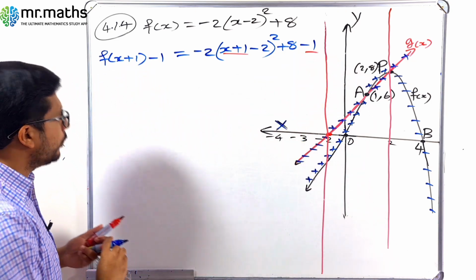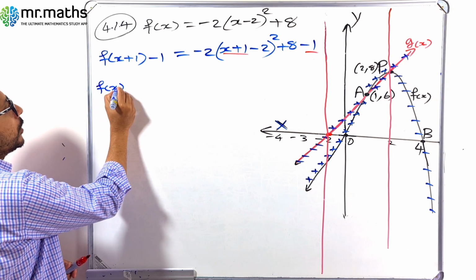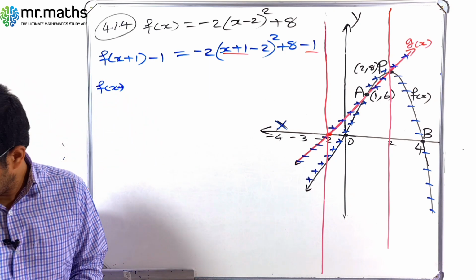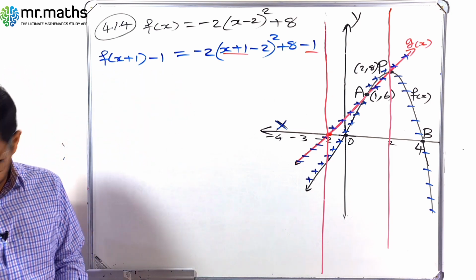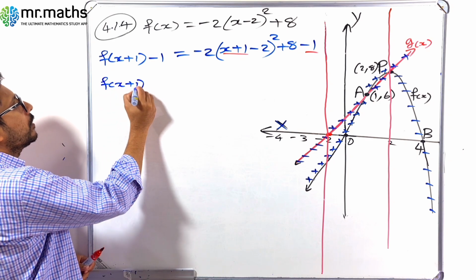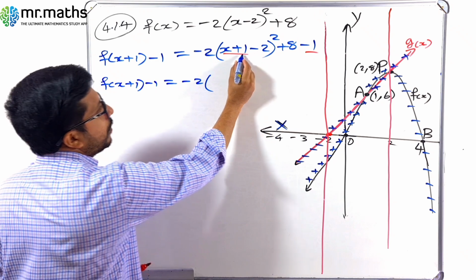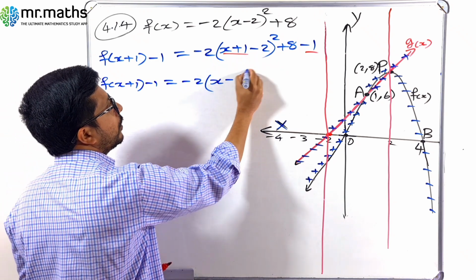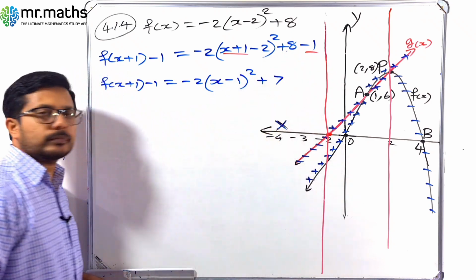Now just try to simplify that one. So f of x plus 1 minus 1 is equal to minus 2 into, 1 minus 2 is minus 1, so it is x minus 1 the whole square, 8 minus 1 is 7.